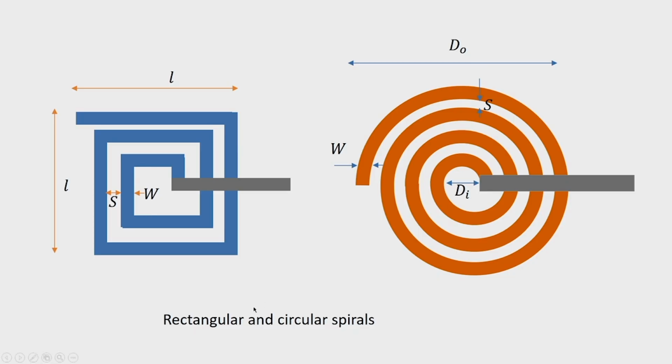We can have rectangular or circular spirals as shown in the figures, and design of this type of inductors depends on determining the width, then the length, then the spacing between the individual spiral arms, or determining the diameter, again the spacing, and both analytical and numerical computations are done for finding out the dimensions of these spiral inductors for realizing specific values of inductances.